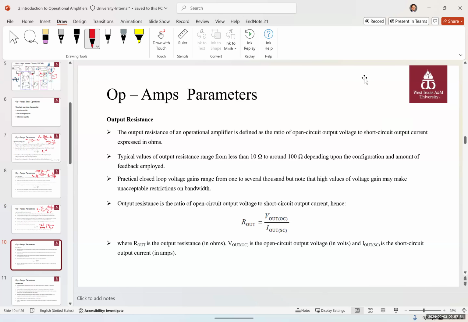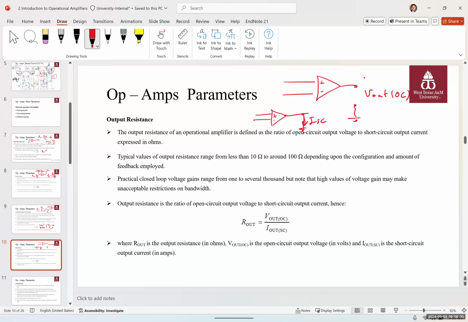Then we have the output resistance. It's again the ratio of the output voltage to the output current. The way that we measure the output resistance is we measure the output voltage when the system is open circuit, the open circuit voltage, and we measure the short circuit current.